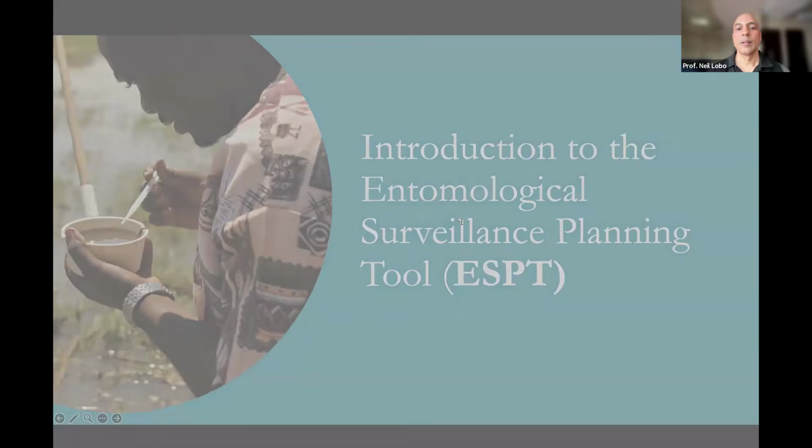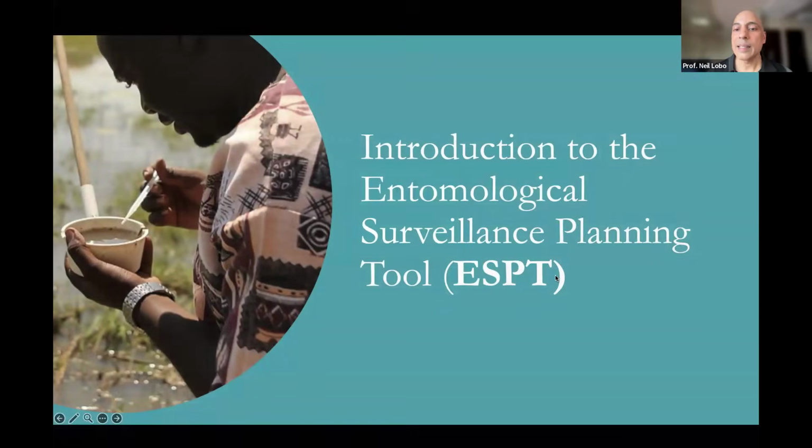And here we go. So as Leo mentioned at the beginning, MEI, the Malaria Elimination Initiative at UCSF, and I together designed the entomological surveillance planning tool, which incorporates all these concepts. And we have been using this as a guideline for entomological surveillance planning.